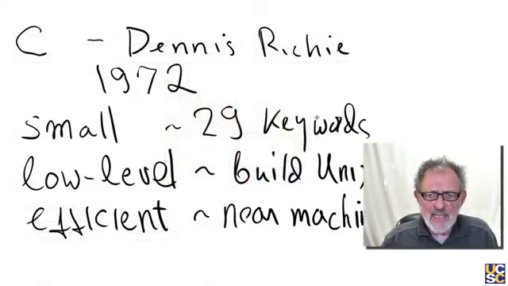So C was created by Dennis Ritchie. He was working with Ken Thompson at Bell Labs, and this was 1972. And some of the characteristics of the language that make it useful and powerful was it was small, as we'll see.